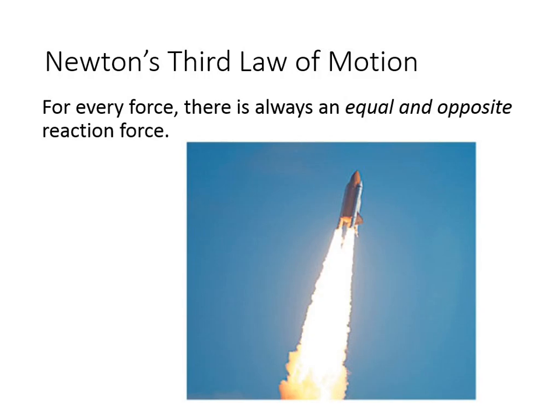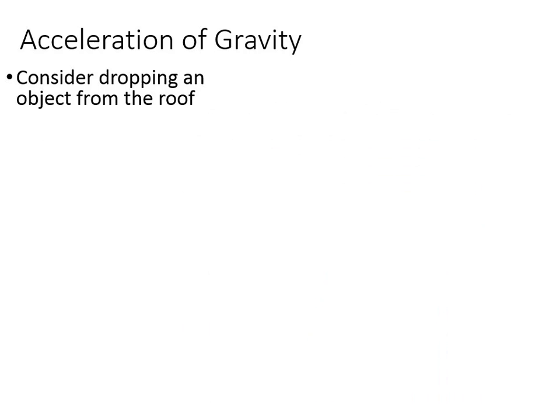So now, go back to this slide. One of the things you may or may not know is that if you were to climb a building and drop something and be able to clock how fast it's going as it drops, it's going to go faster and faster.